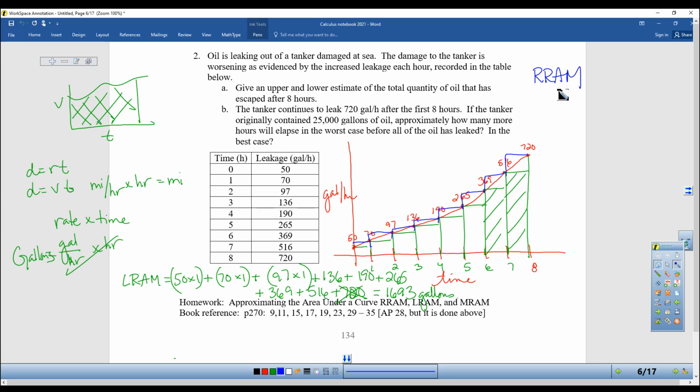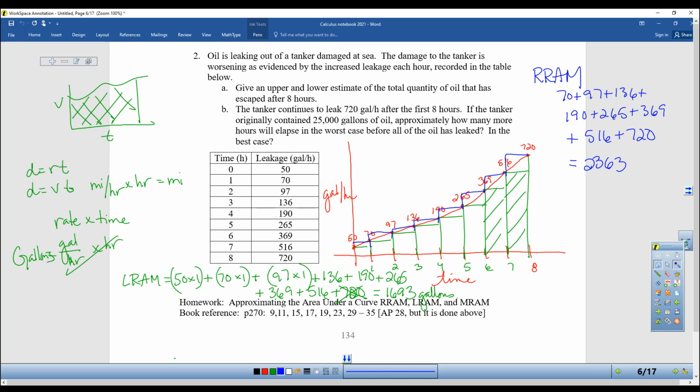So RRAM would be 70 plus 97 plus 136 plus 190 plus 265 plus 369 plus 516 plus 720, but not the 50 because we're using RRAM this time. And that answer will come out to be 2,363.